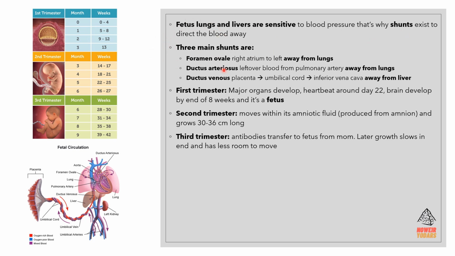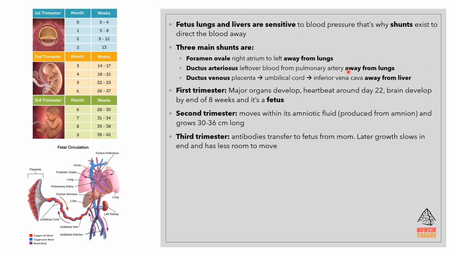There are three main shunts for blood exchange. You've got the foramen ovale, from the right atrium to the left atrium, away from the lungs. So it comes back. Ductus arteriosus: leftover blood from the pulmonary artery, away from the lungs. And then ductus venosus: from the placenta through the umbilical cord to the inferior vena cava, away from the liver.